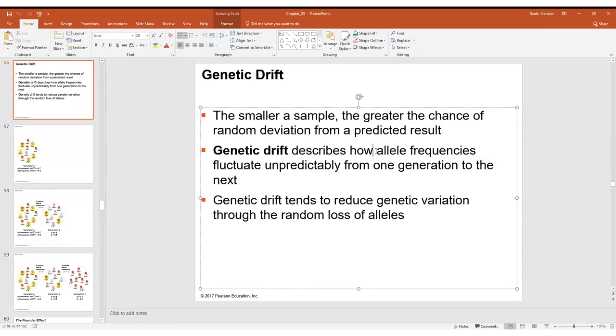So this is allele frequencies fluctuating unpredictably from one generation to the next. That example explains what they're doing here with the definition of genetic drift.